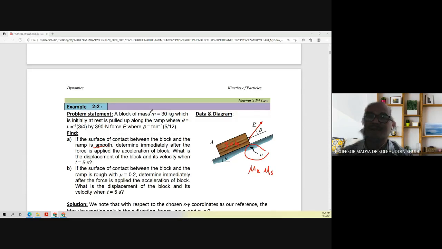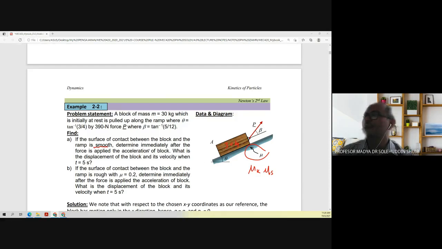So in our previous class, we covered example 2.1. Today, we're going to cover example 2.2. Looking at the problem statement, you are given a block of mass 30 kg, initially at rest. It is pulled up along the ramp with a force P of 390 at an angle of inverse tangent 5 over 12.